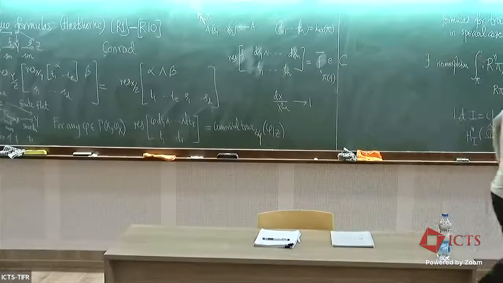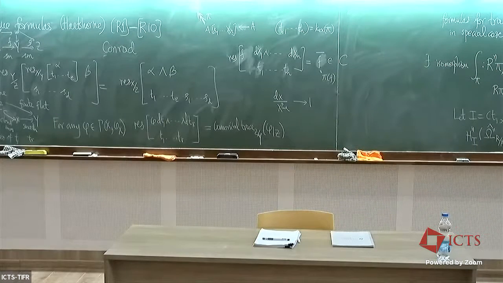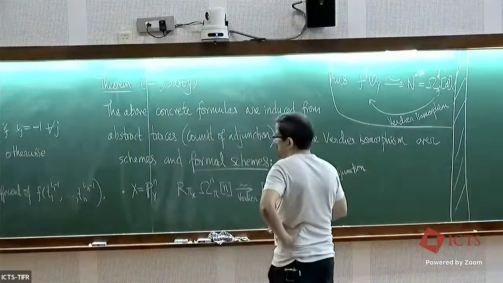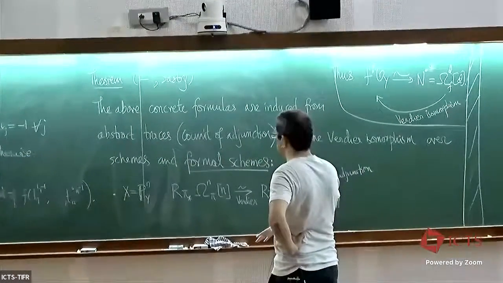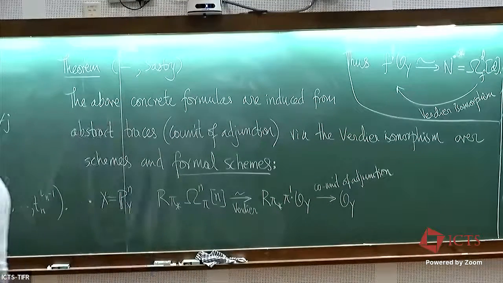To use the abstract trace formalism and abstract Verdier formalism to say that everything is, see, somewhere in the picture, you want to say that these residue maps are compatible with the trace maps.